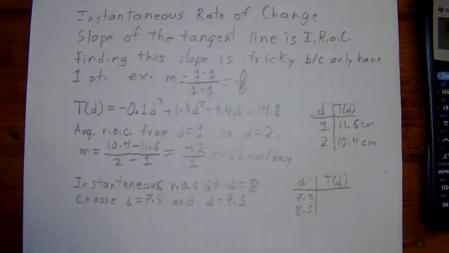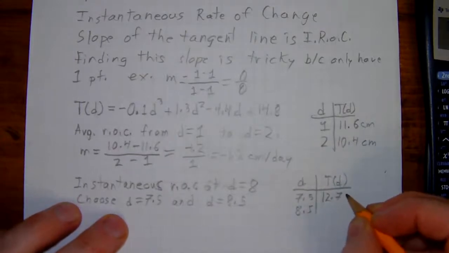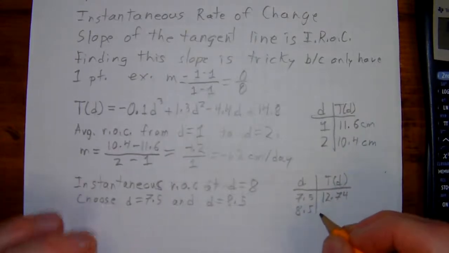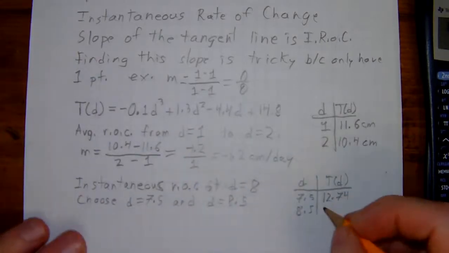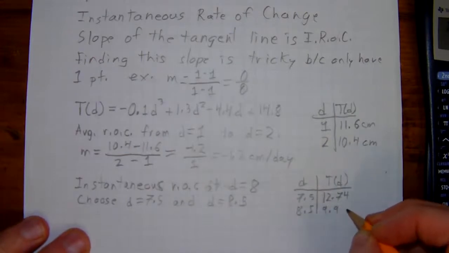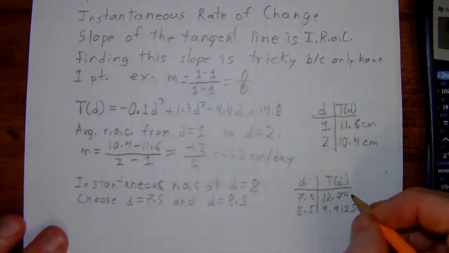Then if we do f of 7.5, we get 12.74 rounded to 2 decimal places. And if we do f of 8.5, we get 9.9125. And I guess I could not round them at all, which will make things better.